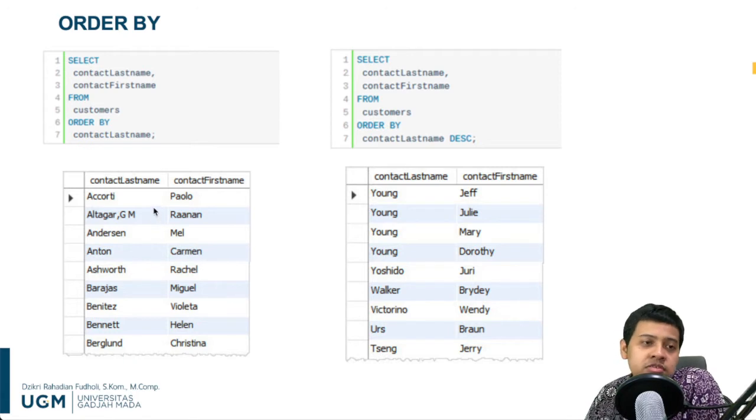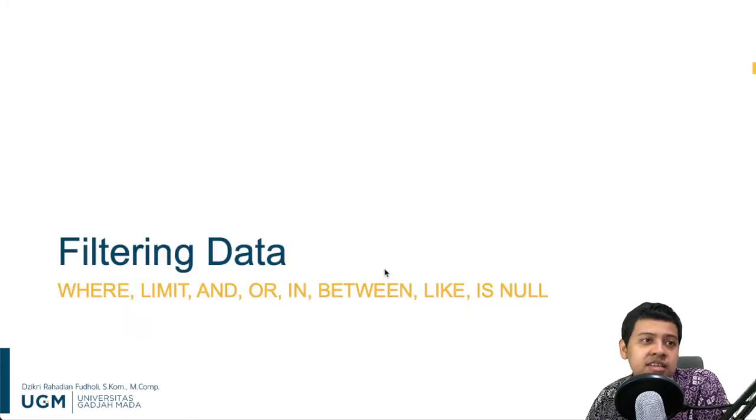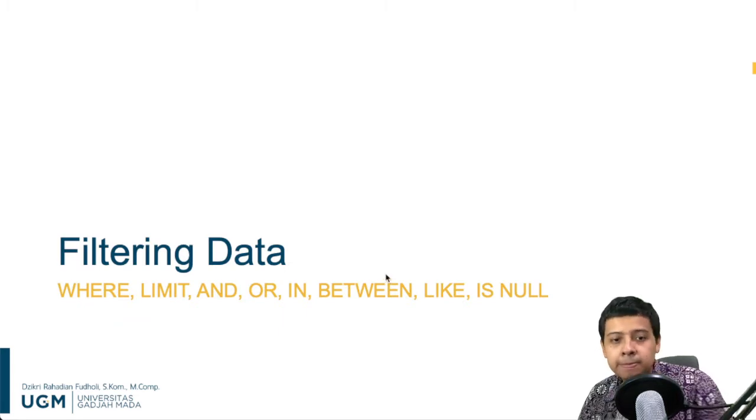So the first row started with A and then B and so on. And if we state descending or DESC at the ORDER BY statement, then the output will be from Y, W, V, U, and so on. So from the bottom of the alphabet. That's the example of the ORDER BY.